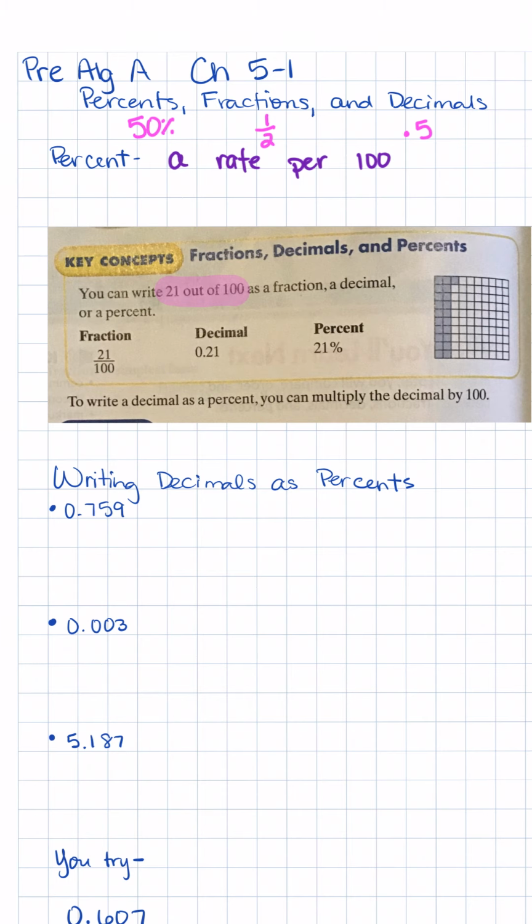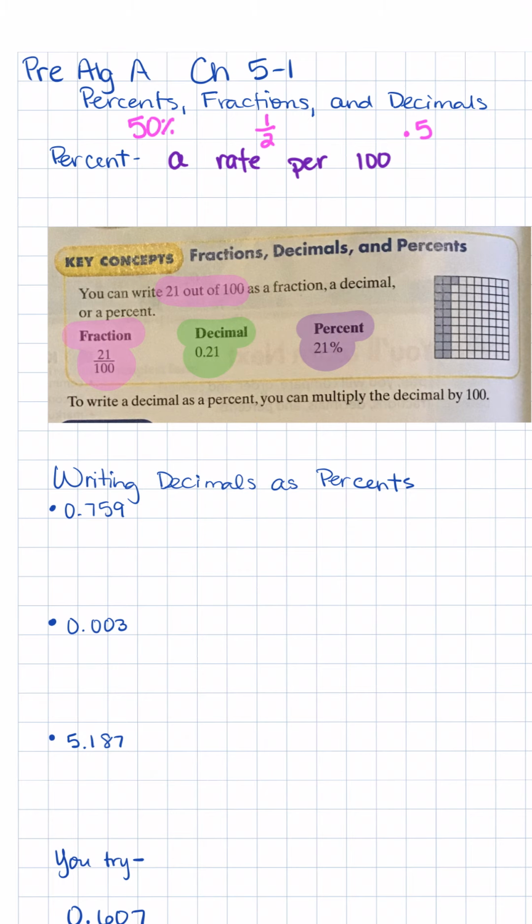The fraction would be 21 out of 100. A decimal, you're just going to do 21 divided by 100 equals 0.21. Or as a percent, 21%.